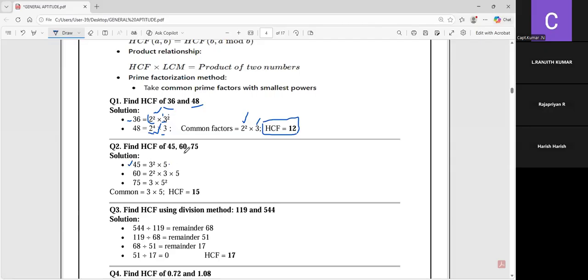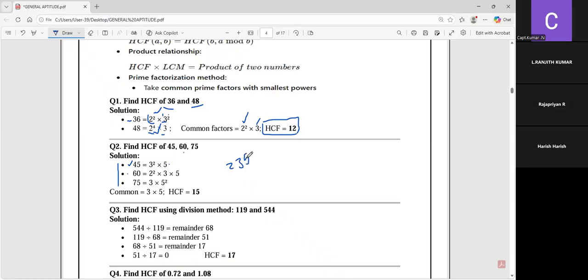Next number is 60. 60 is nothing but 2 square into 3 into 5. And similarly 75 is 3 power of 1 into 5 square. From these 3 numbers, I'm going to take the minimum power. What primes are present? 2, 3 and 5.